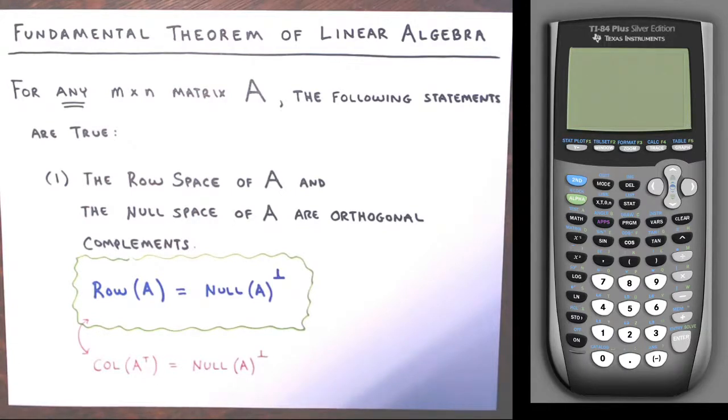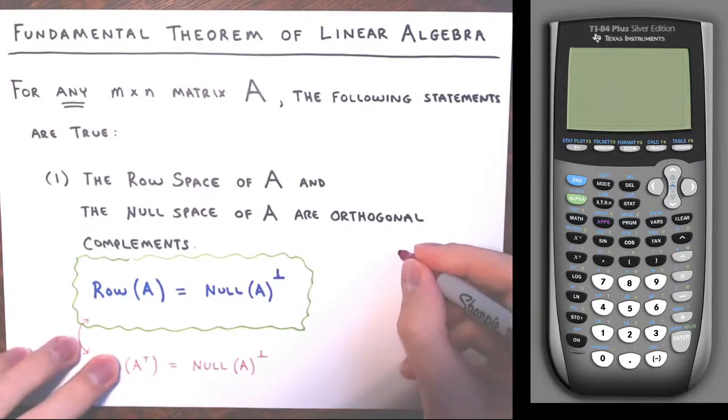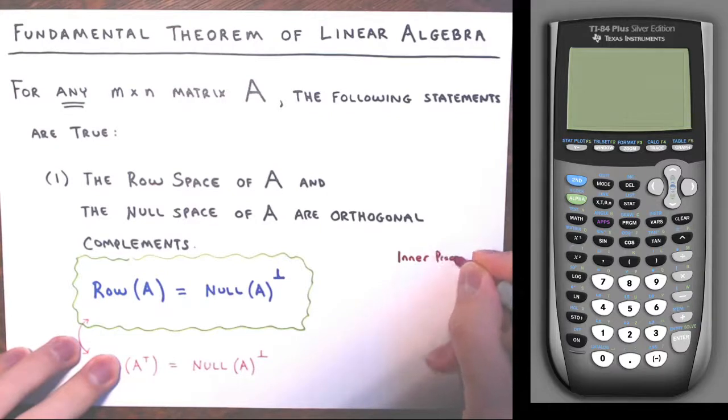And of course, I'm going to assume we'll be using the dot product for our inner product. Remember, the concept of orthogonality depends on the inner product. We're going to define the inner product as the dot product throughout this video. In fact, I will write this off to the side. The inner product that I'm using here today is the dot product.